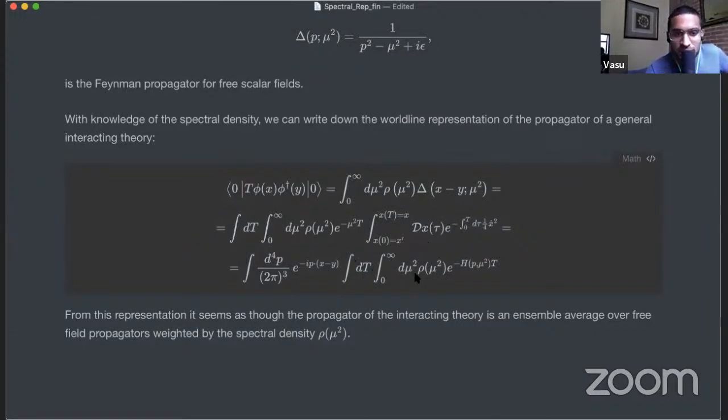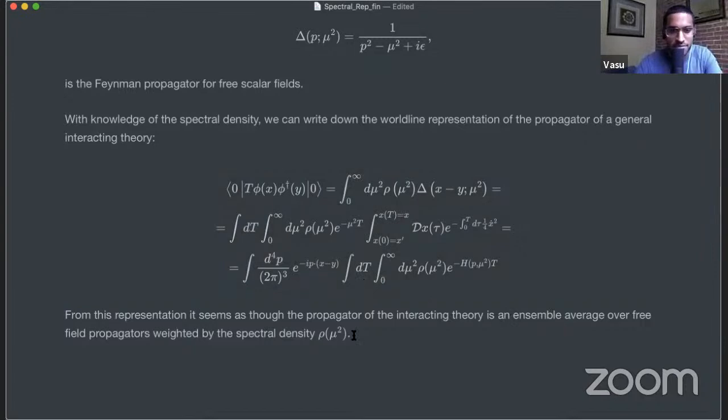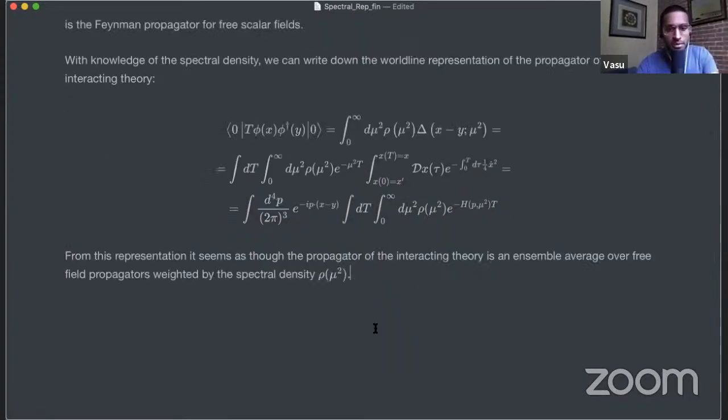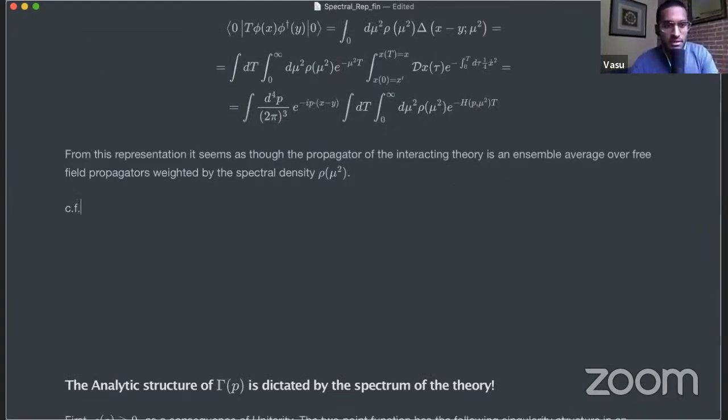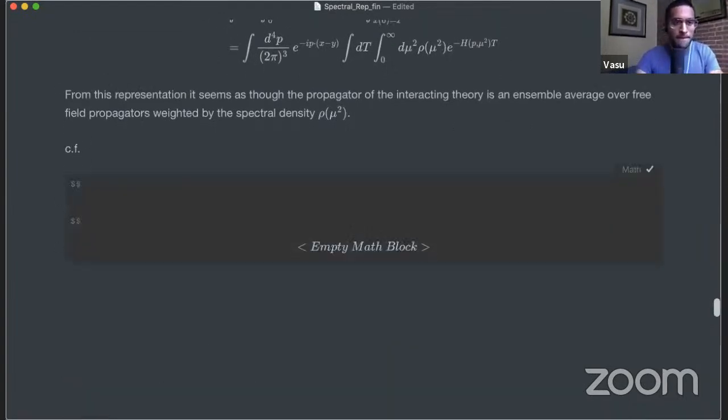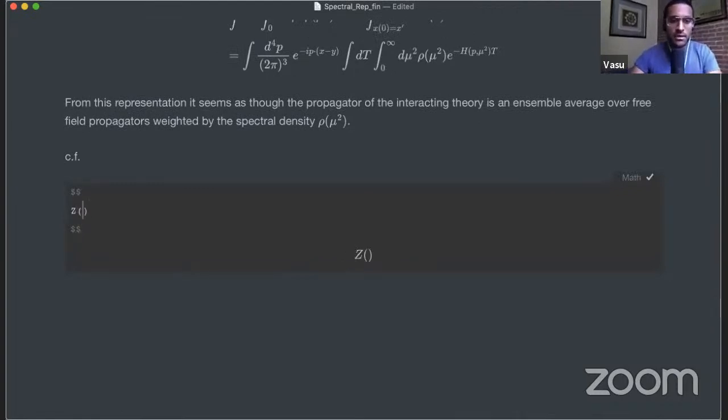And here you see it's basically saying that you have an ensemble average over free field propagators with rho as a spectral density, right? What should you compare this to? Well, let's see. Compare this with how you write down the partition function in a statistical field theory in the microcanonical ensemble, right?